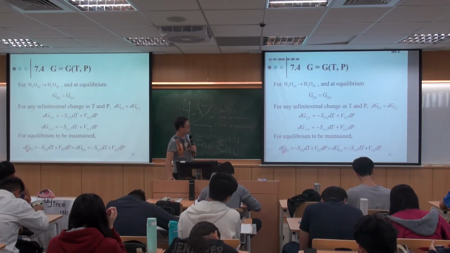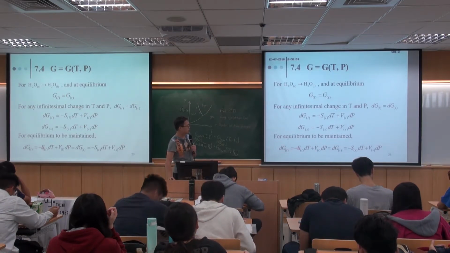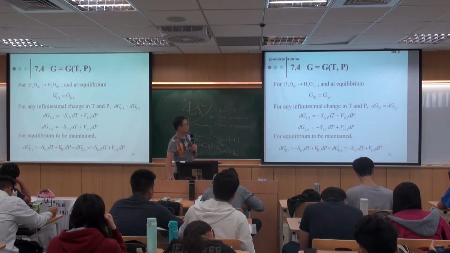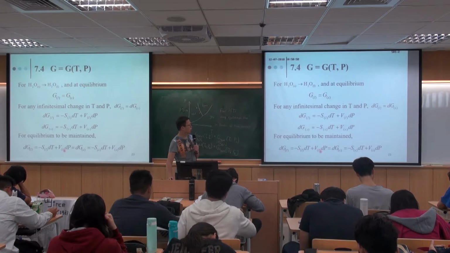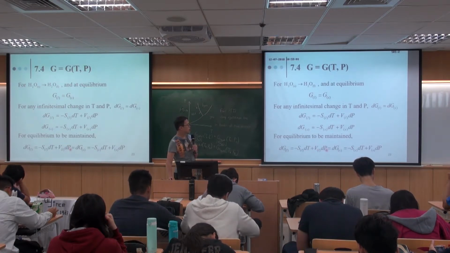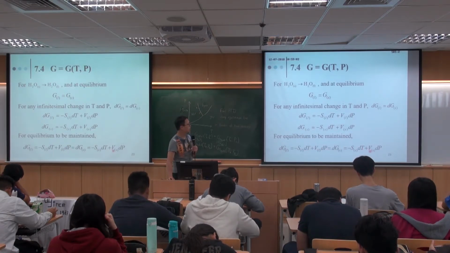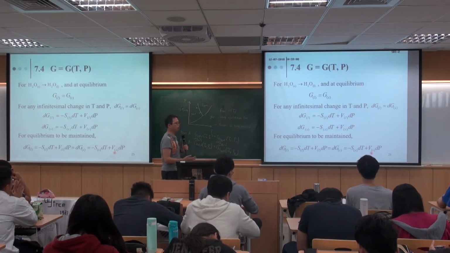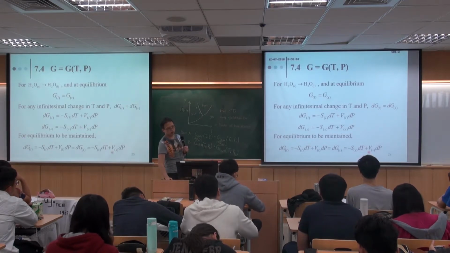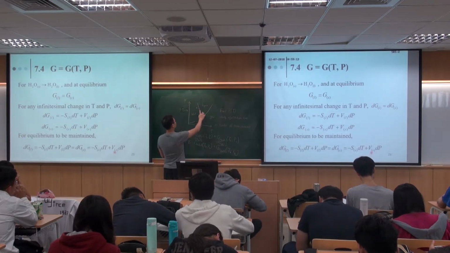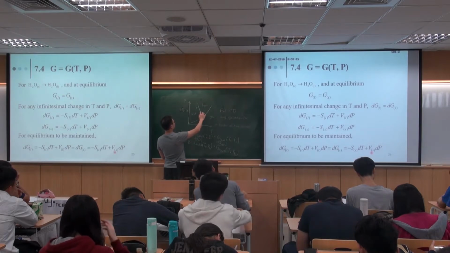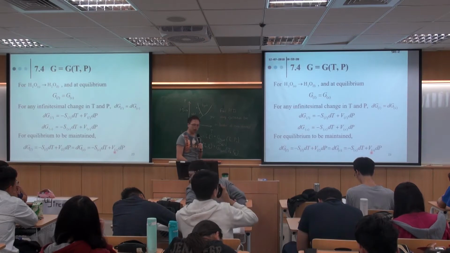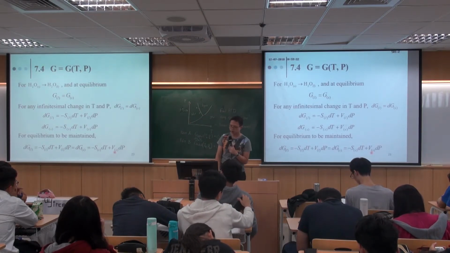For the liquid phase, it's minus S liquid times the change of temperature plus the molar volume of the liquid phase times dP, and that will be the same for a solid phase. And we know that the dPs are the same for these two sides of the equation because we're moving on the same plot from here to here. So we're dealing with the same change of temperature and pressure.